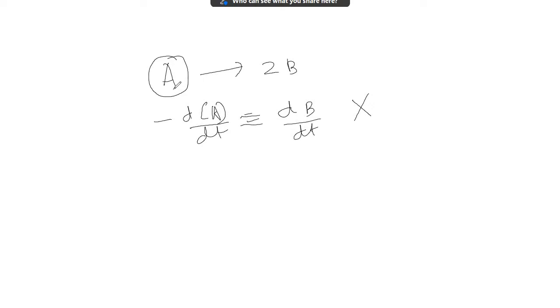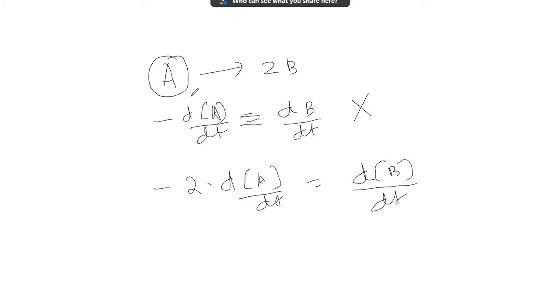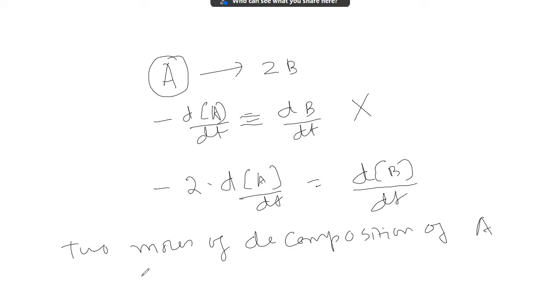In this case, if I want to write an equal sign between them, how to do that? See, for every 1 mole of decomposition of A you get 2 moles of B. So twice the decomposition of A, if I write it this way, minus 2 dA by dt equals dB by dt. That means for 2 moles of decomposition of A, 1 mole of B is produced.